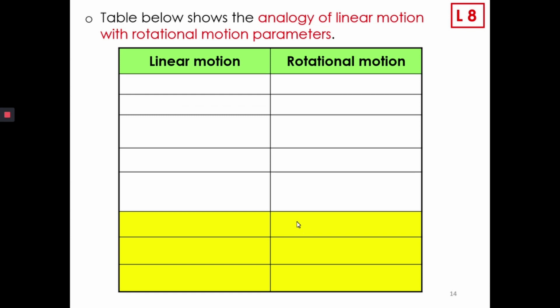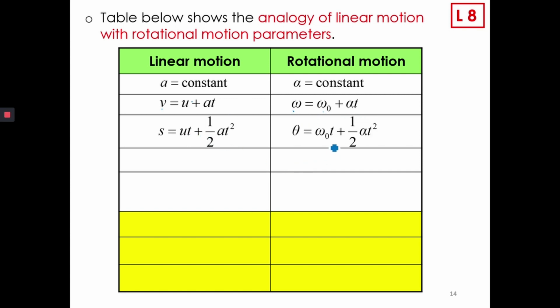From linear motion, where you have v equals u plus at, for rotational you just change v into omega, u into omega naught, a into alpha. s equals ut plus half at squared becomes theta equals omega naught t plus half alpha t squared. v squared equals u squared plus 2as becomes omega squared equals omega naught squared plus 2 alpha theta.